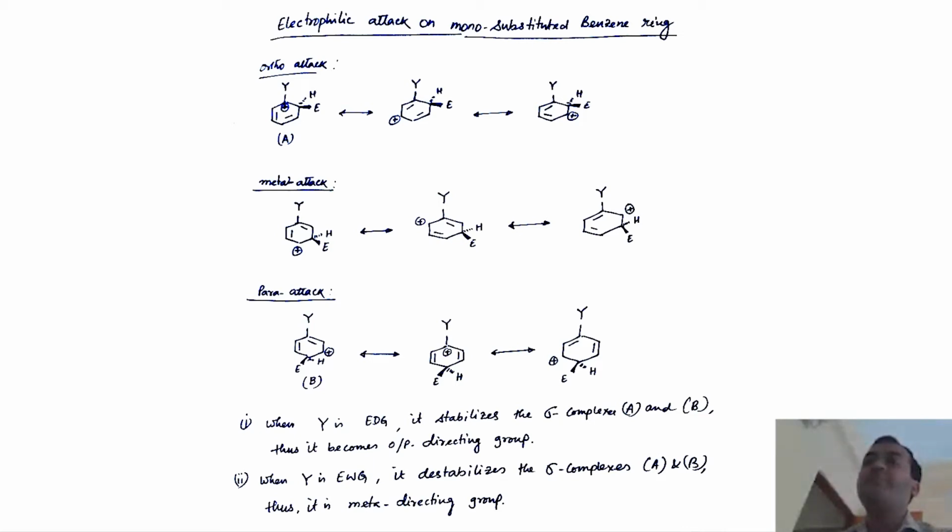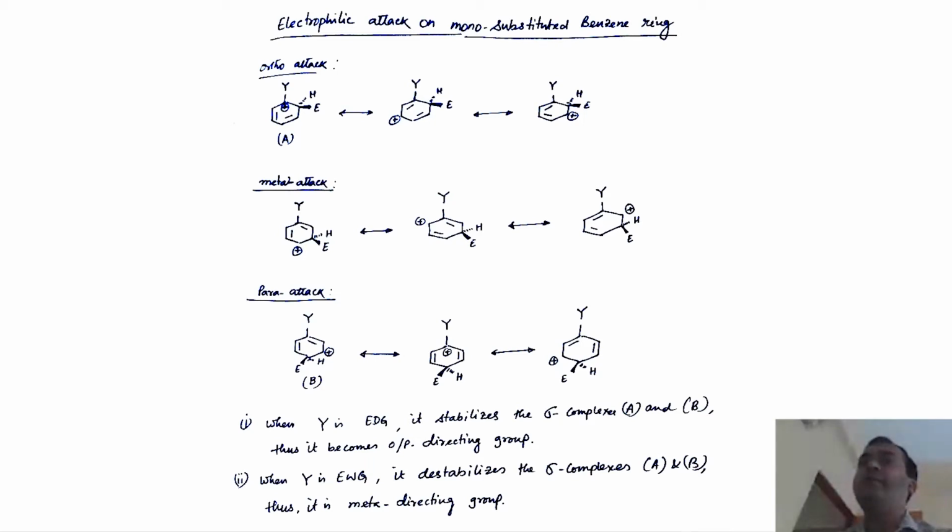So what we are concluding from here is that when Y is an electron donating group, it stabilizes the sigma complexes formed by complex A, that is the ortho attack, and complex B, that is the para attack. Okay. But when Y is an electron withdrawing group, then what will happen?